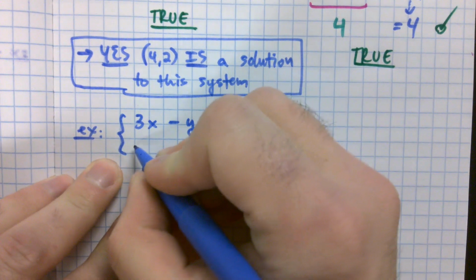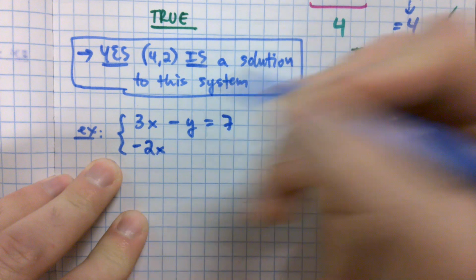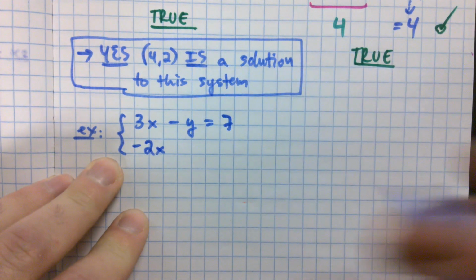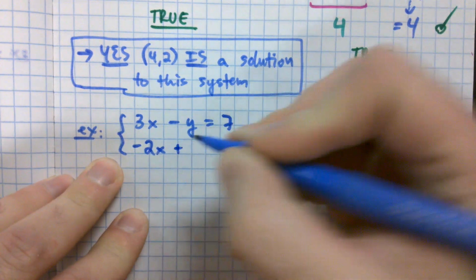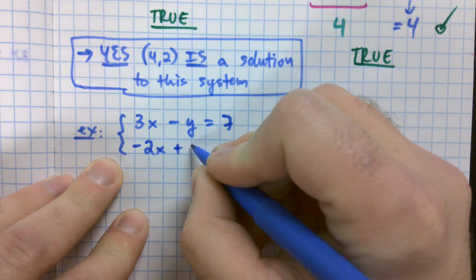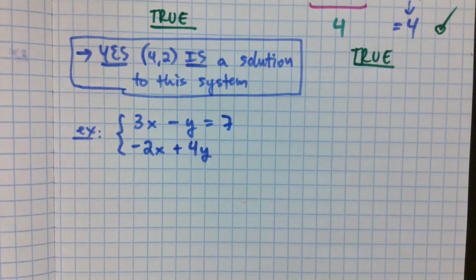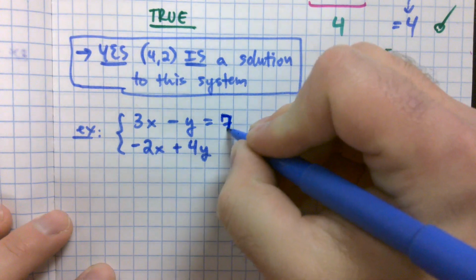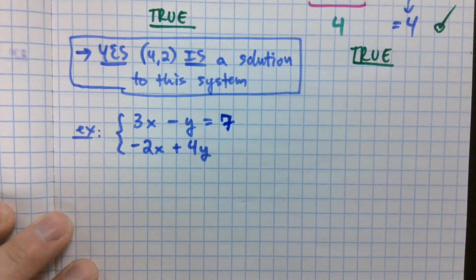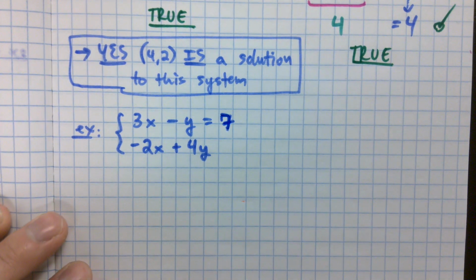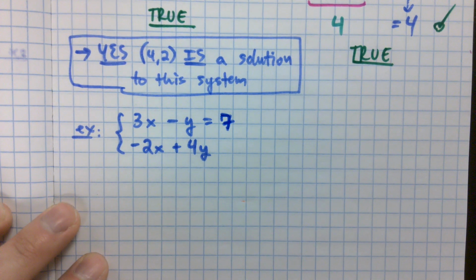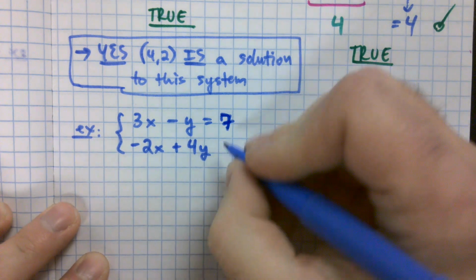And then let's say we've got negative 2x plus 4y equals 3.